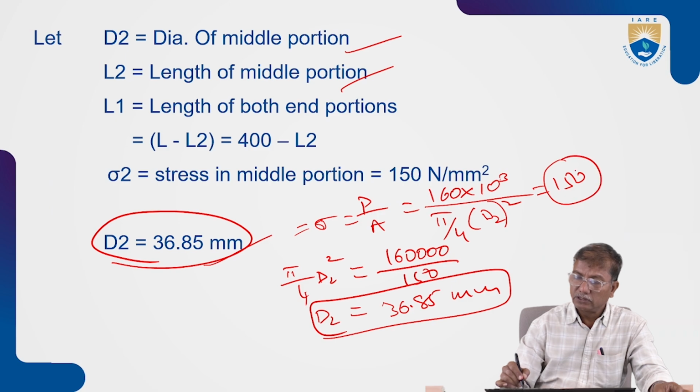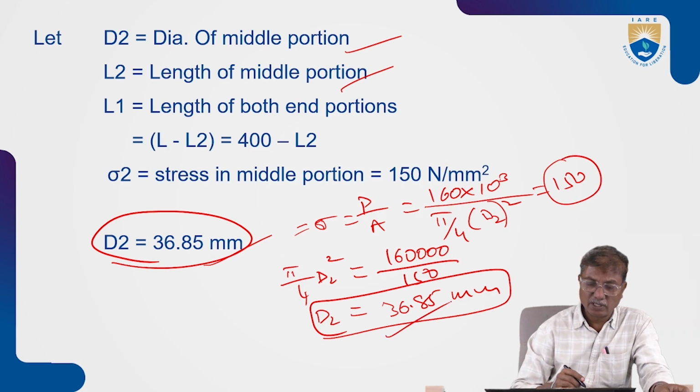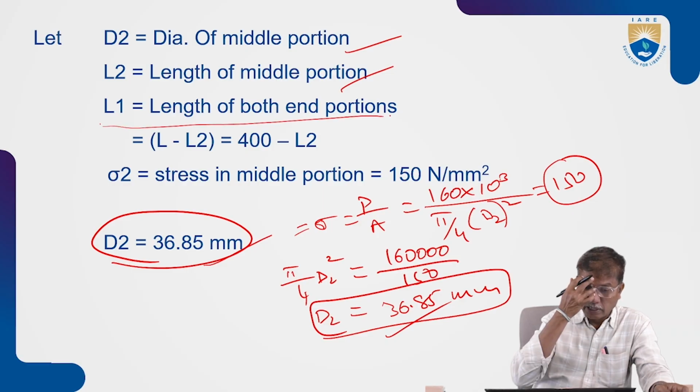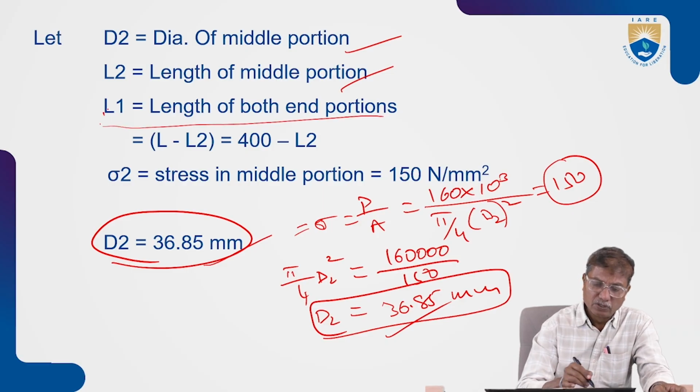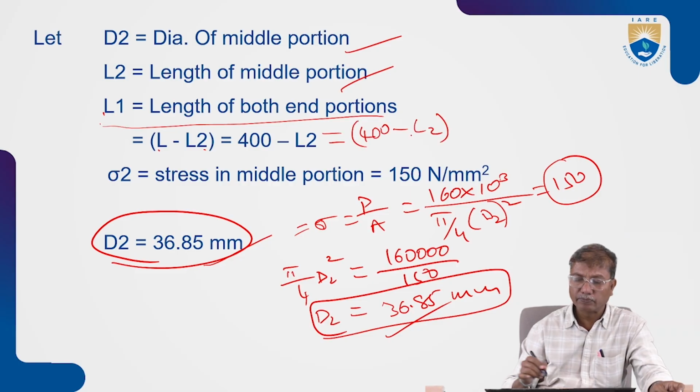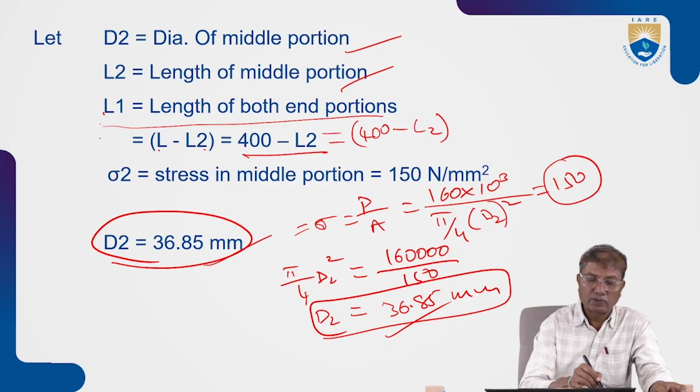This is the diameter, and the length we have to find out. The length of both end portions combined is L1, that is L minus L2. L1 is L minus L2, that is 400, the total length, minus the length of the middle portion, that is equal to L1.